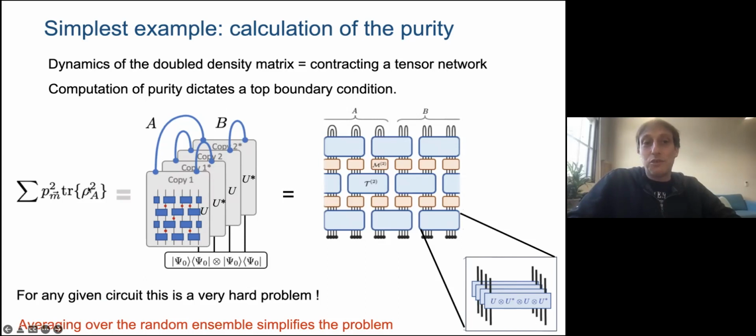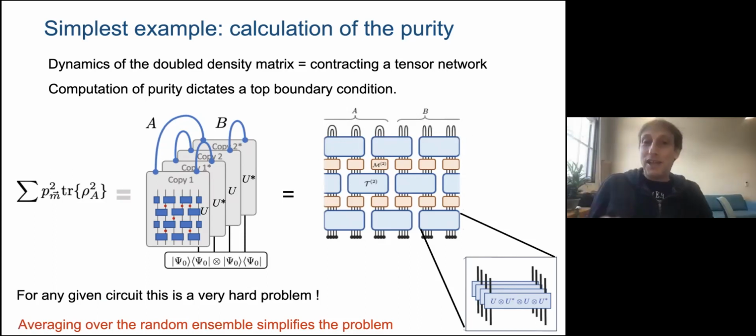And then next I have to multiply rho A by rho A. So this is matrix multiplication. That identifies degrees of freedom of the bra in copy 1 and the ket in copy 2. I call that swap because, look, instead of identifying degrees of freedom in the same copy, I need to identify them in opposite copies in the subsystem A. And in this tensor network representation, you see I represented here that A has different boundary conditions at the top of the network, which correspond to swap of two subsystems, and the subsystem B corresponds to the identity.